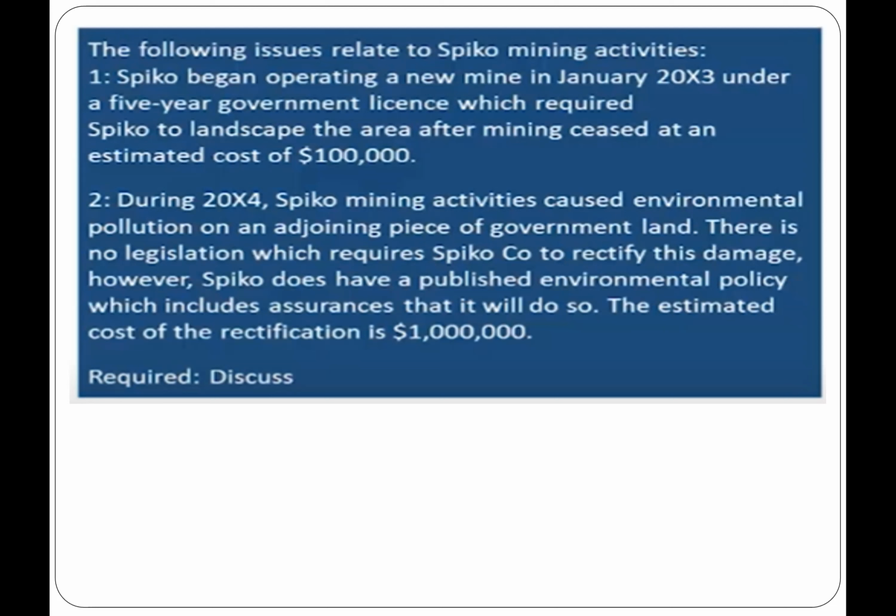So when you are answering this question, I would expect that I would see a small heading that is talking about legal obligation. And then you would say that we signed a 5-year government contract that requires us to landscape the area after we have ceased mining.